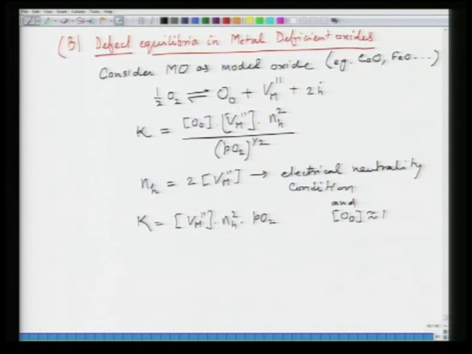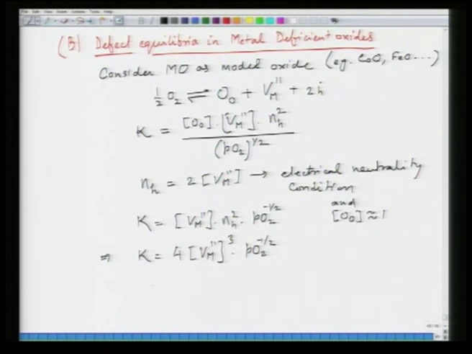PO2. And so, now what you can do is that K in such a situation will be, if you replace NH by 2 Vm, 4 Vm cube multiplied by PO2, sorry, PO2 to the power minus half.